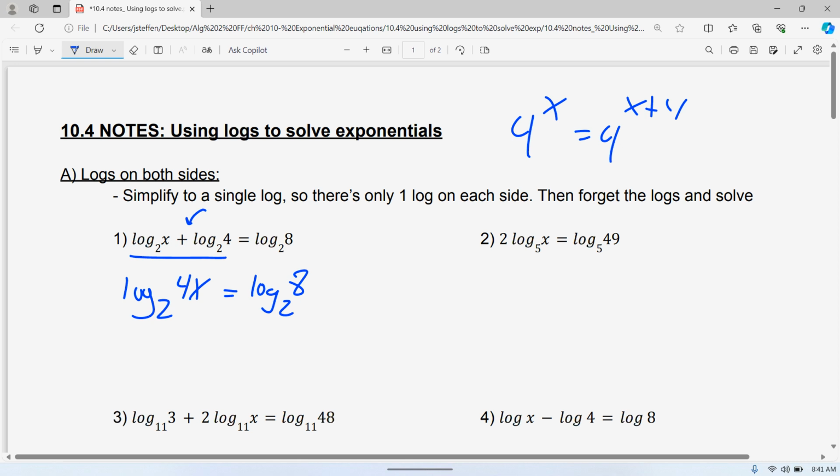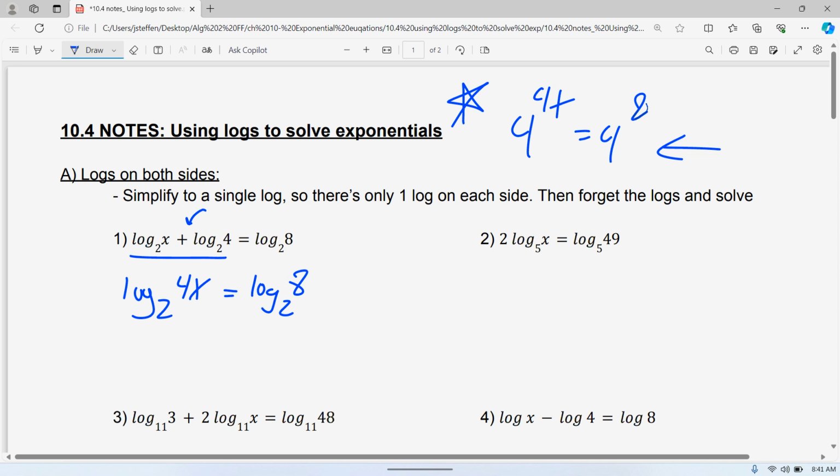Now, this is where it turns into the problem we're talking about with your exponents. Since they both have the same base, log base 2 of 4x and log base 2 of 8, since it's both log base 2, then the 4x and the 8 have to be equal to each other. And again, it's the same concept as we did with exponents.